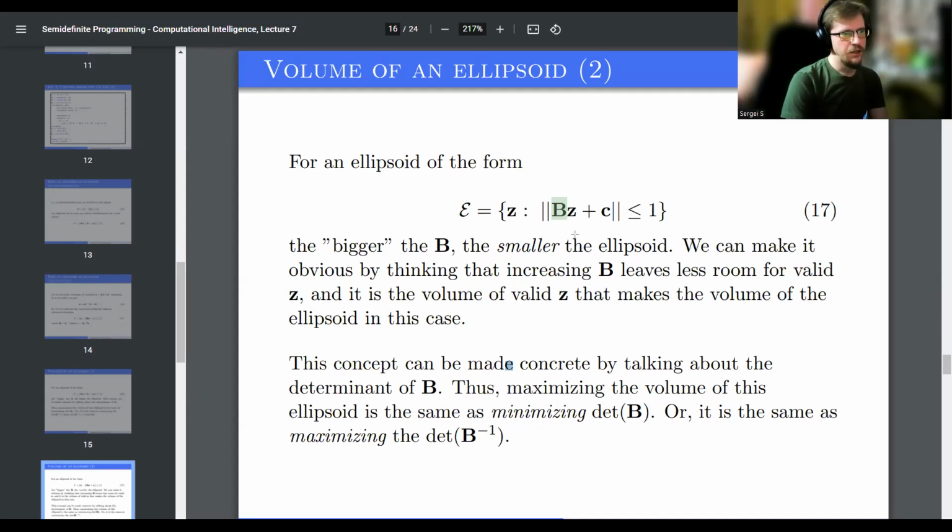Well, if B is bigger, that leaves less room for Z to be anything. If B is a very huge matrix, even a tiny variation of Z would already break this condition. So B should be as small as possible. If B is close to 0, almost any Z would satisfy this condition. So it would be a huge ellipsoid, since the ellipsoid is all Z which satisfy this condition.